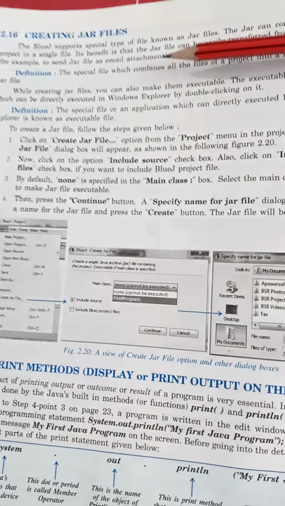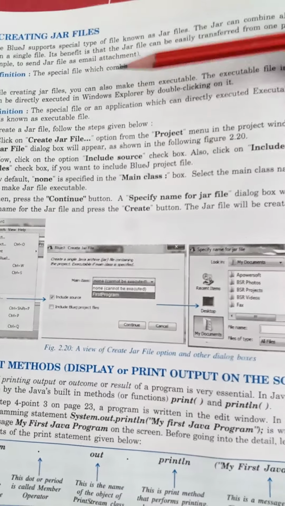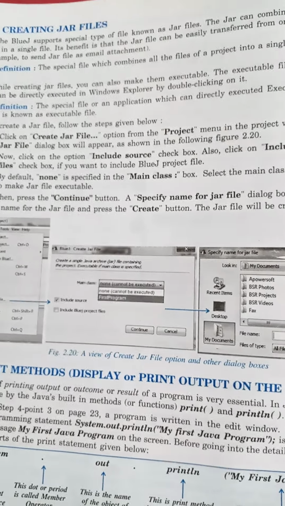Executable files are special files, or you can say applications, which can be directly executed in Windows Explorer.